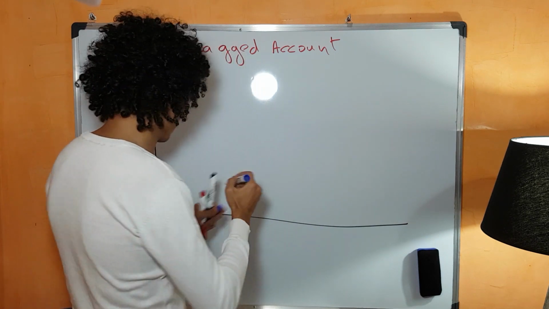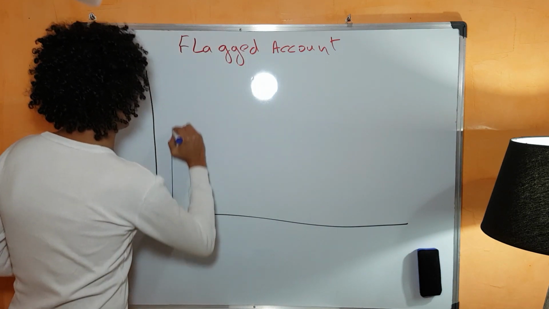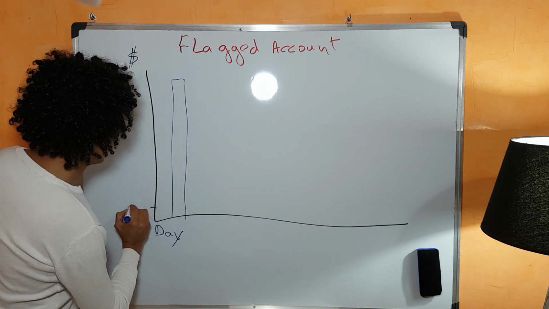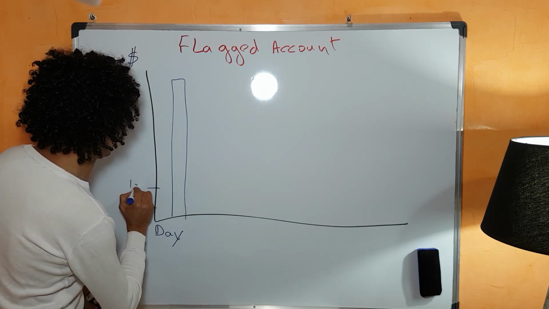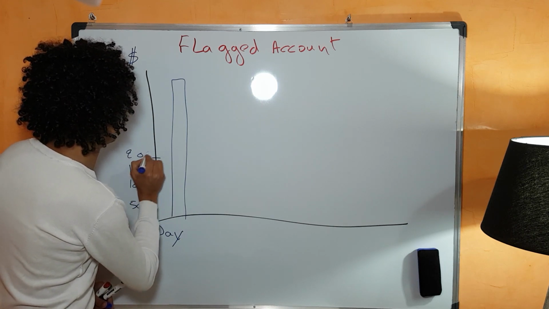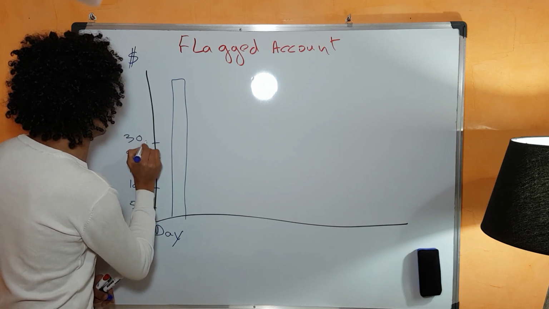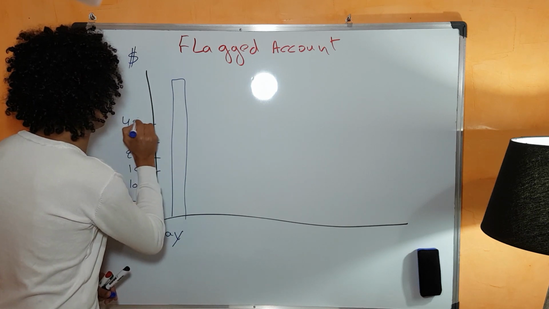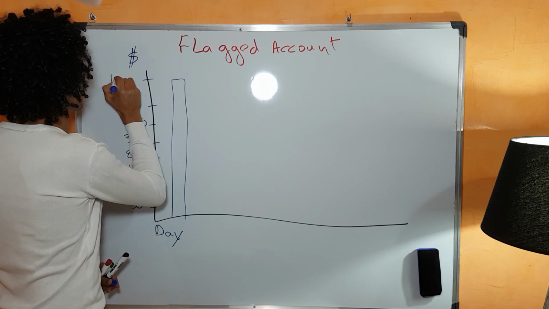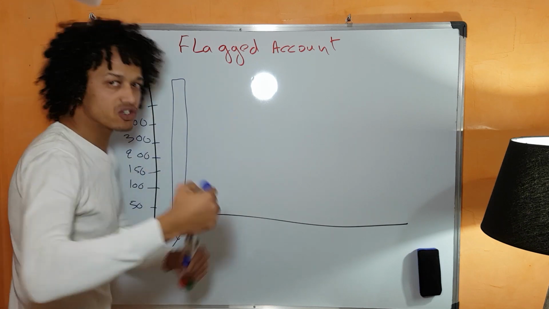In blue, you are great. This is your sales. So let's see, this is $50, this is $100, this is $150, this is $200, this is $300, this is $400, this is $500, this is $1,000. This is just for instance.